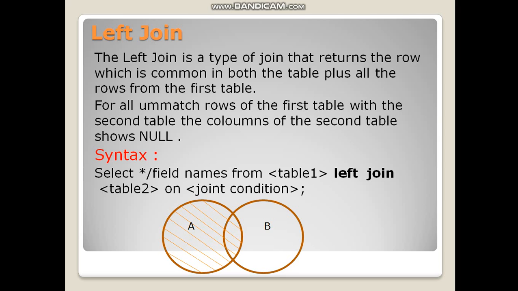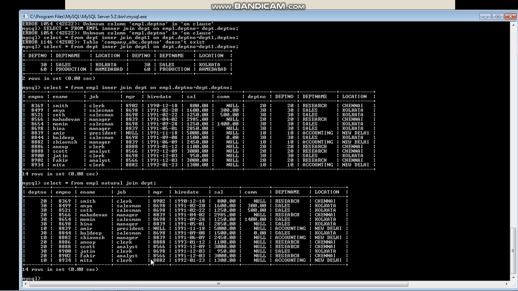But here I will show you using the department, because as I have made the employee table where all of them have a department number, it will not give you much difference. Even so, I will show you the same thing.